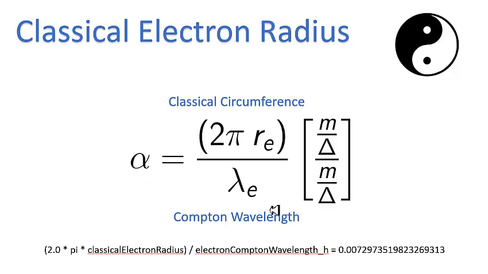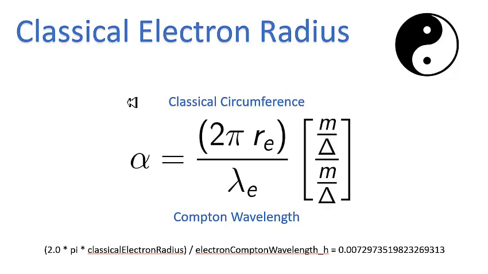And so that's kind of how I'm seeing alpha here. Because it's a unitless value, it seems very suspicious to me. And so that is why I'm trying to decode alpha, because I'm trying to figure out why we need to plug a unitless value into our equations to get a result that we expect.